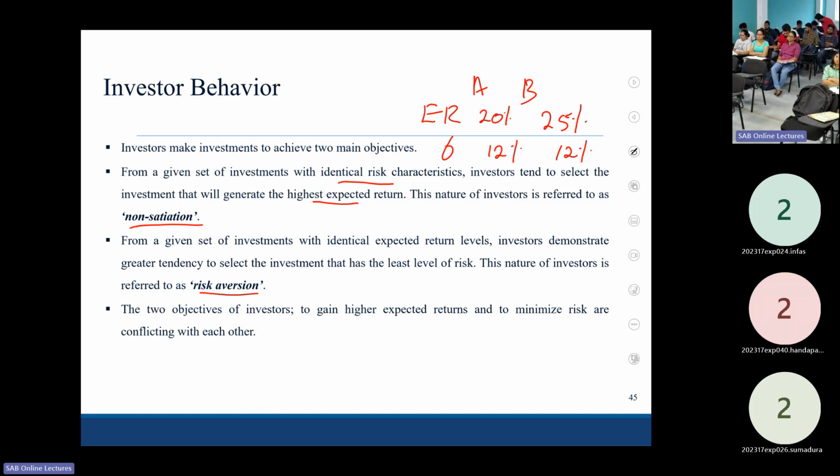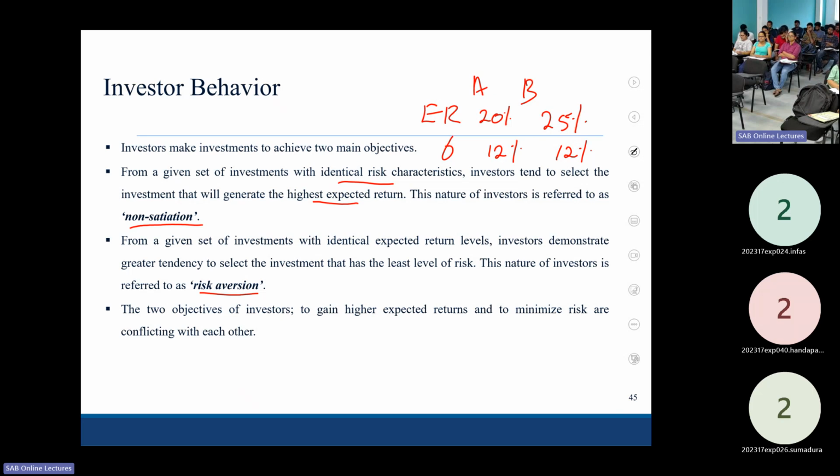Now just don't think too much, simply looking at this format, which one will you select? The one with the highest expected return, because the risk level is the same. Of course, the expected returns are different, so then you have to look at the coefficient of variation. That is correct, but just forget about that.